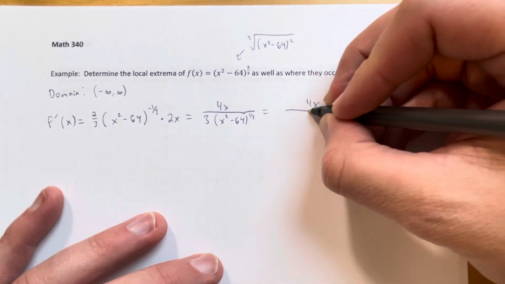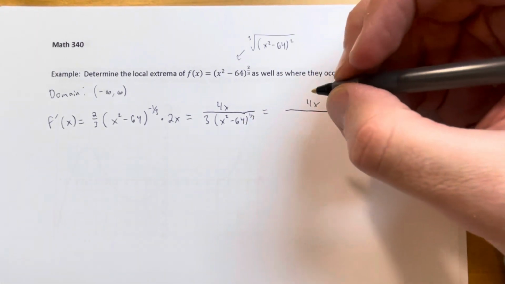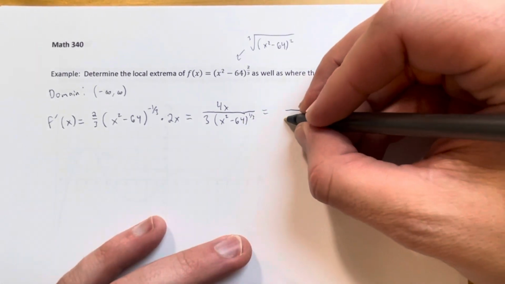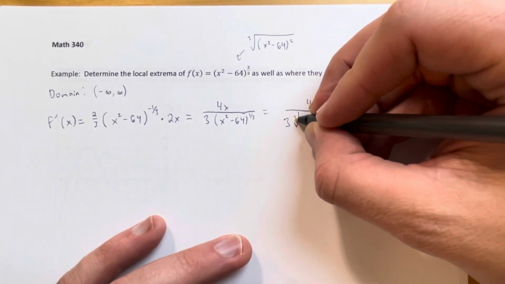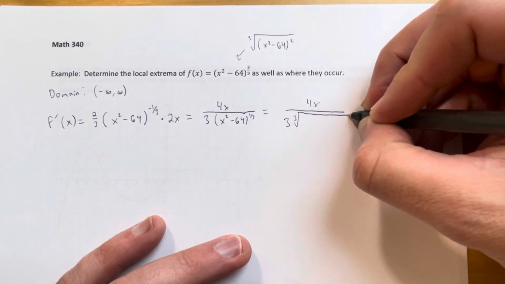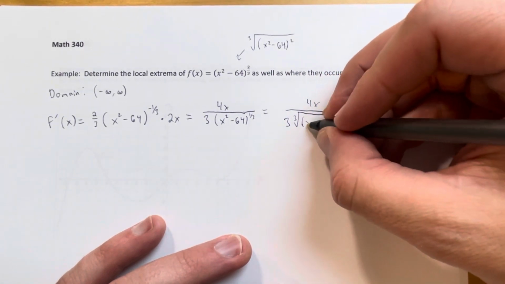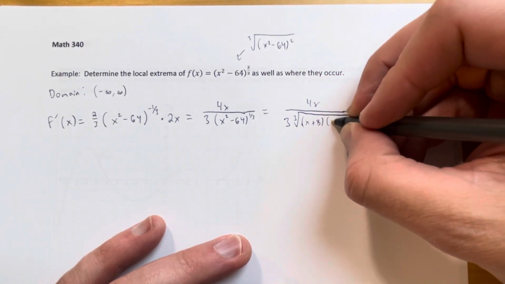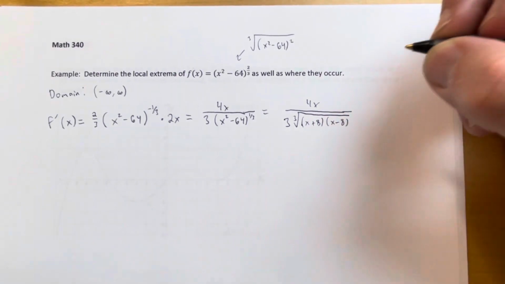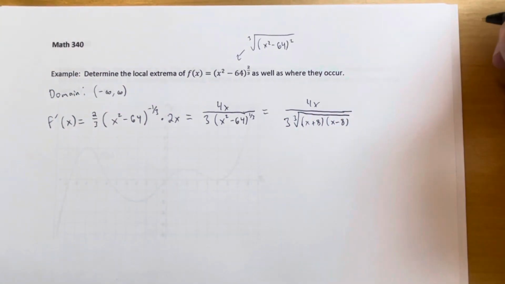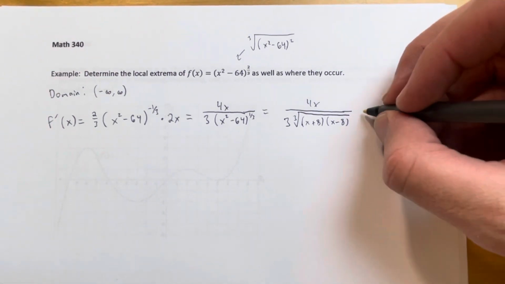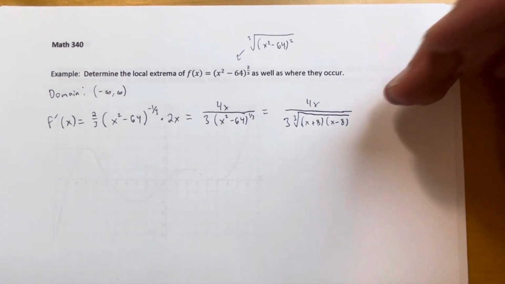I noticed that x squared minus 64 is a difference of squares, so I could write it this way: 4x over 3 times the cube root of (x plus 8) times (x minus 8). Since x squared minus 64 is a difference of squares, that's how it factors. Okay? And this is my derivative.